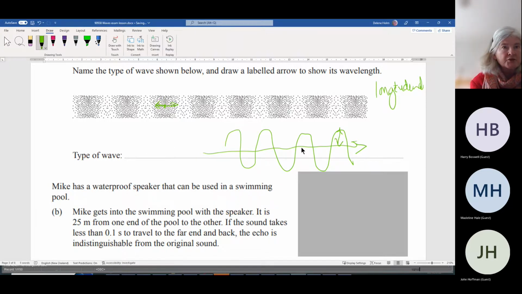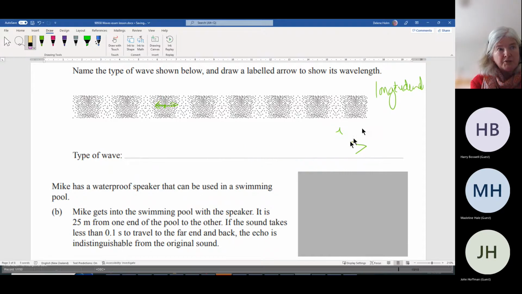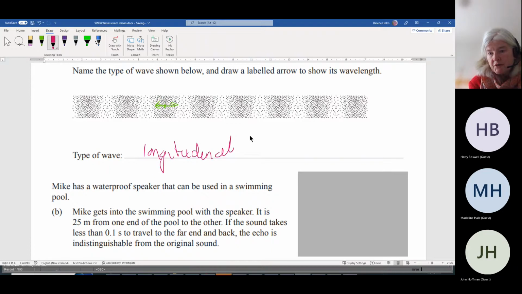So transverse is perpendicular, longitudinal is the same. If you can think of a nice mnemonic to remember that, that'll be great. So this is a longitudinal wave. For the rest of you, is there any way you remember that this is a longitudinal wave?